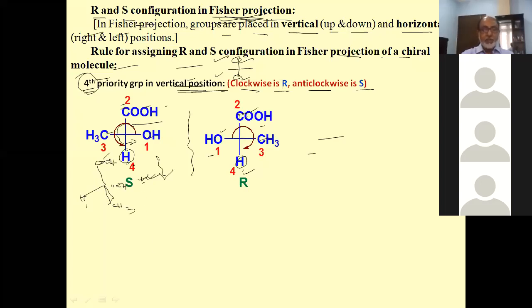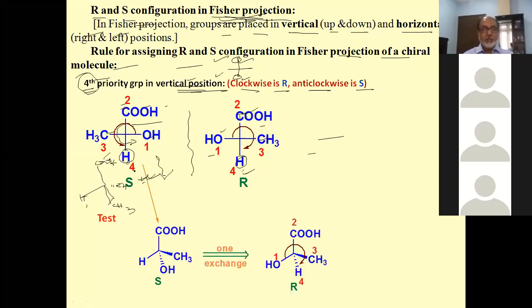And there you see whether it is. So testing is just to have this. You see here. This is the structure. COH is here, H is here, CH3 will be on the top, OH will be. Now, because H is falling here in the plane, so we make one exchange, bring with the backside group.